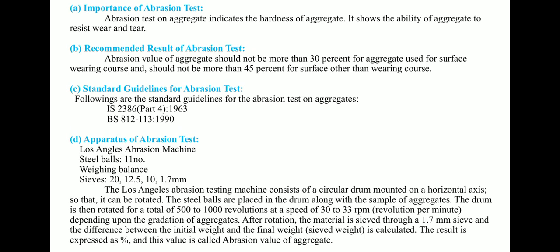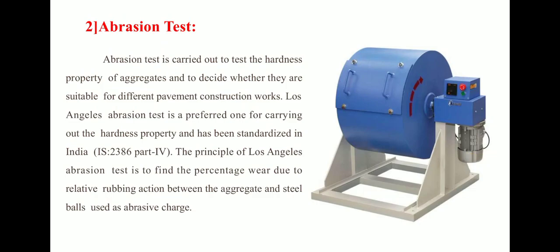After rotation, the material is sieved through a 1.7 mm sieve and the difference between the initial weight and final weight is calculated. This result is expressed as a percentage and the value is called the abrasion value of the aggregate. Means through this opening you have to insert the aggregate along with these abrasion balls.